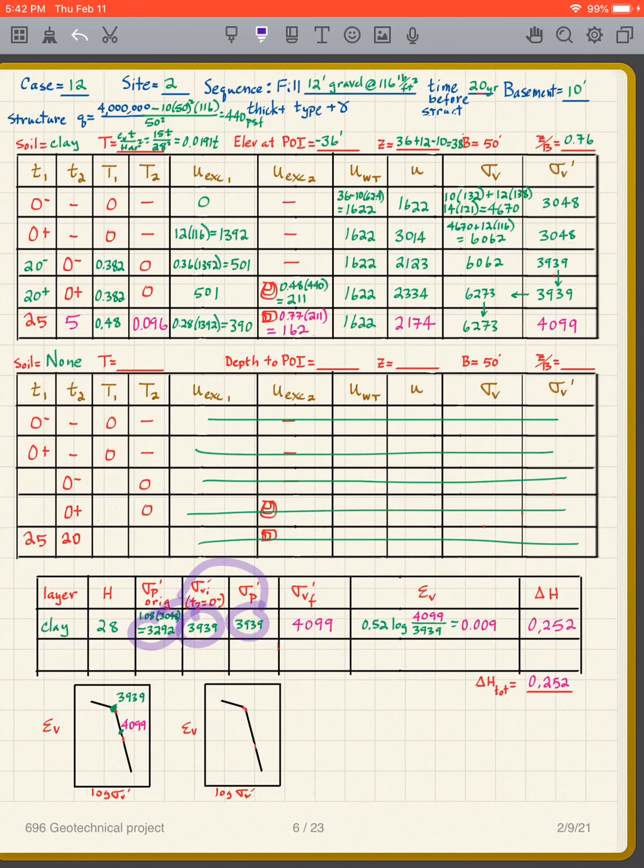That's my sigma prime P, the greatest ever felt. So here's my sigma prime I, there's my sigma prime P, so that means what? Oh, they both go here at the inflection point. And the 4099, which comes from here, goes there. That means we're only using what? We're only using that portion of the curve right there.